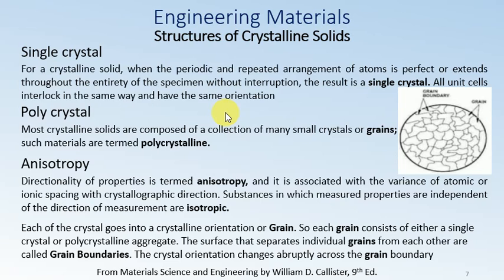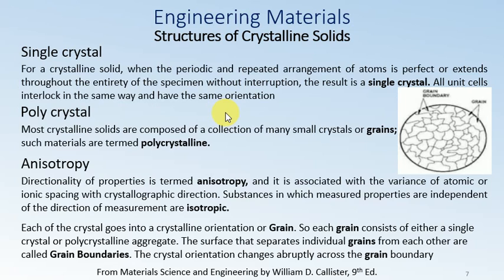Okay. Next is anisotropy. What is anisotropy or isotropy? Directionality of properties is termed anisotropy. It means your properties depend upon the direction. In one direction there is one property, and in another direction the property changes.